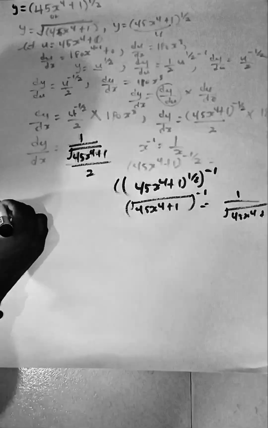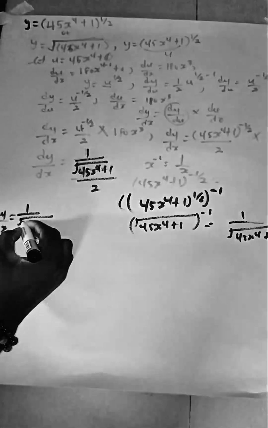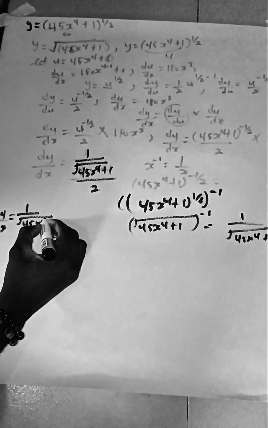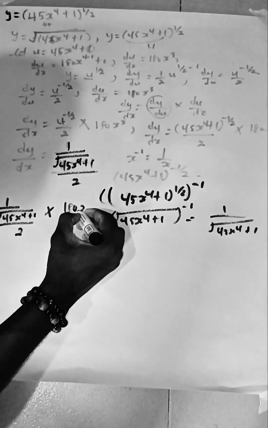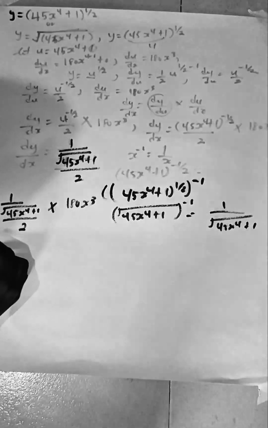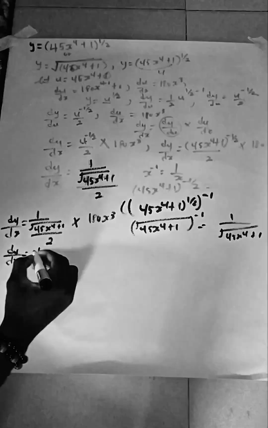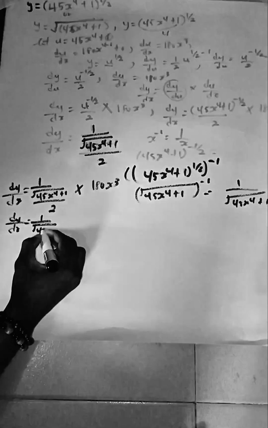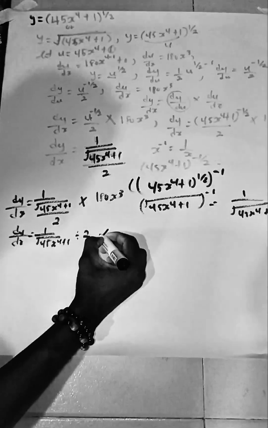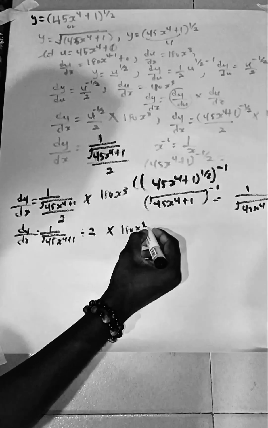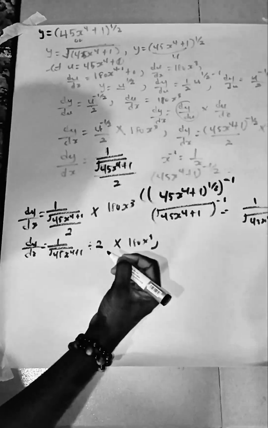So our dy by dx is equal to 1 over the square root of 45 x raised to the power 4 plus 1, divided by 2, multiplied by 180 x cubed. So let's simplify this. The 2 comes down and this changes to multiplication.